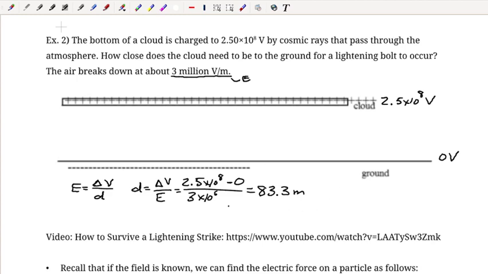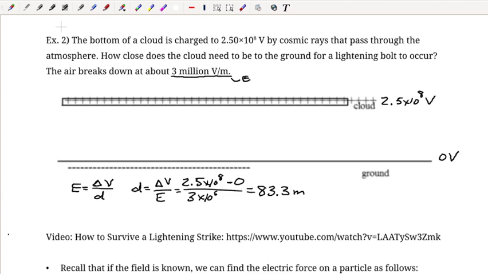So not actually super big in order for us to get a lightning strike if I've only got 2.5 times 10 to the 8 volts. So if lightning is striking from higher up, you know that the voltage difference must be greater in order to get our 3 million volts per meter that we need in order to ionize the air.